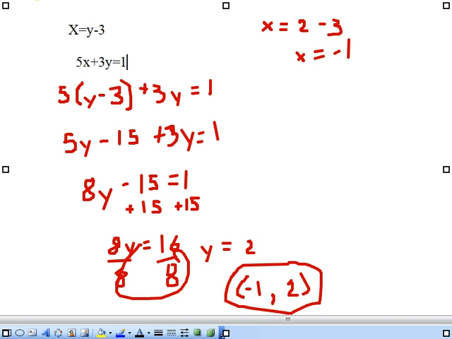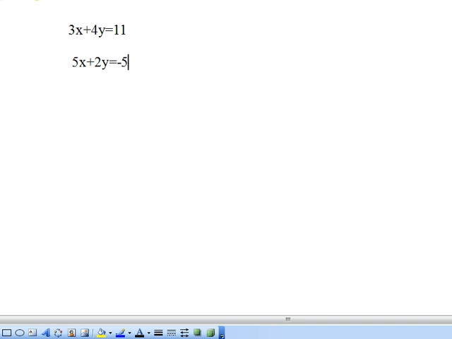Okay, now let's move on. The last thing we learned with this chapter was using the multiplication principle to help you solve systems of equations. This is when you wouldn't automatically be able to eliminate one of the variables, so that you could use the addition or subtraction method to solve the system of equations.